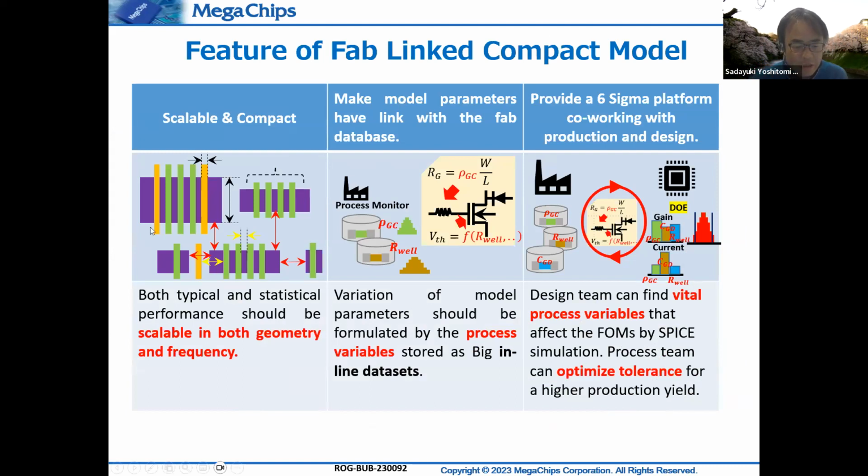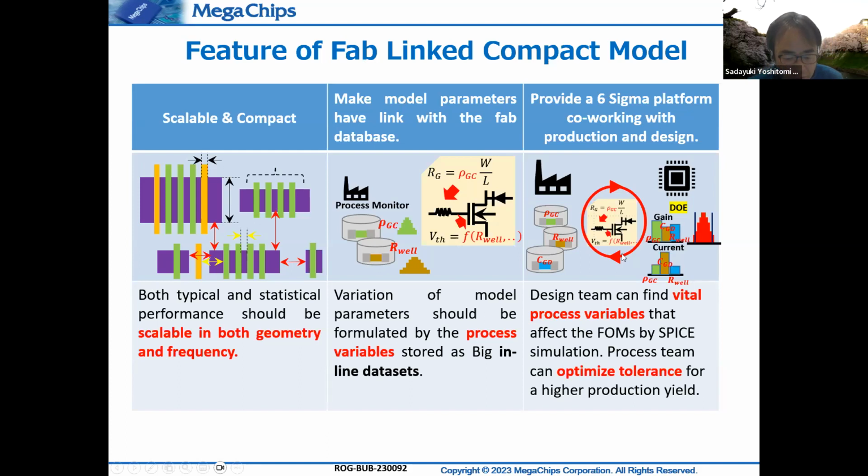I explained the development of hardware and the recent update of test structure for RF characterization in production as a process monitor. In this part, I'd like to explain the compact model, which established a Six Sigma design working platform between the design team, the factory team and the PDK team.